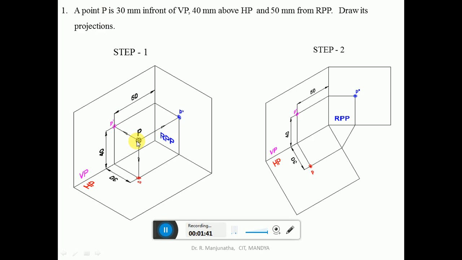But when it has to be represented on paper, the paper will be represented in 2 dimensions. So we need to view the object such that the image will fall on the respective planes. So we have a vertical plane, a horizontal plane, and the right profile plane.